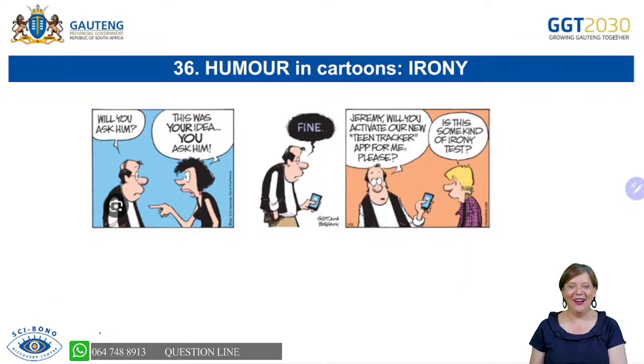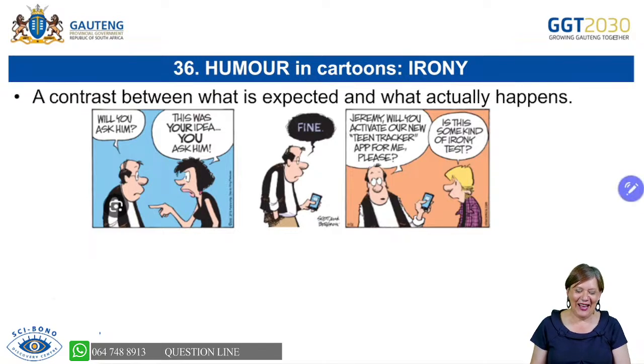Is this some kind of irony test? They want to track Jeremy, but they don't know how the app works, so they have to ask Jeremy to get the app working for them. That's irony. You expect them, if they want to do this, to know how the app is going to work. But now they have to ask their son to help them to track him.